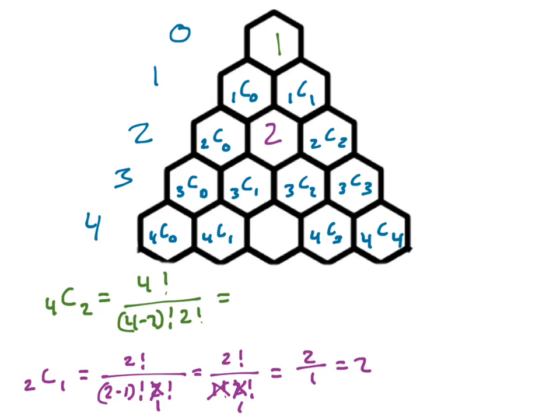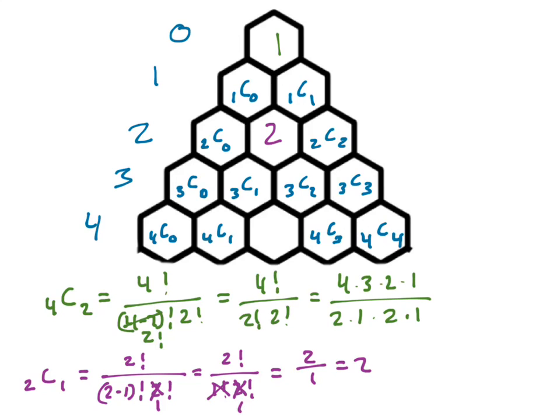This is 2 factorial right there. So on the top we have 4 factorial over 2 factorial times 2 factorial. If I expand it, it'll be 4 times 3 times 2 times 1 on top. On the bottom we have 2 times 1 times 2 times 1. The 2 and the 1 can cancel out. This 2 is going to cancel out with that 4, so that's 2 now. So what's my answer? 6. And that 6 right there will totally mess up the pattern that you think it's going to be at first.